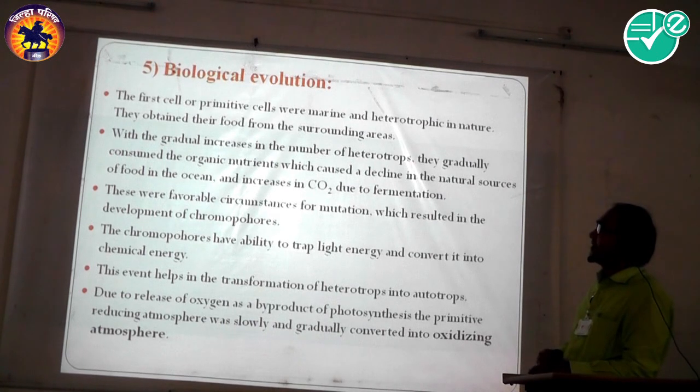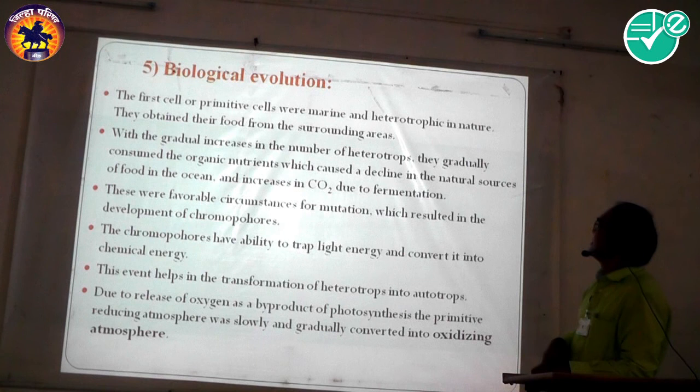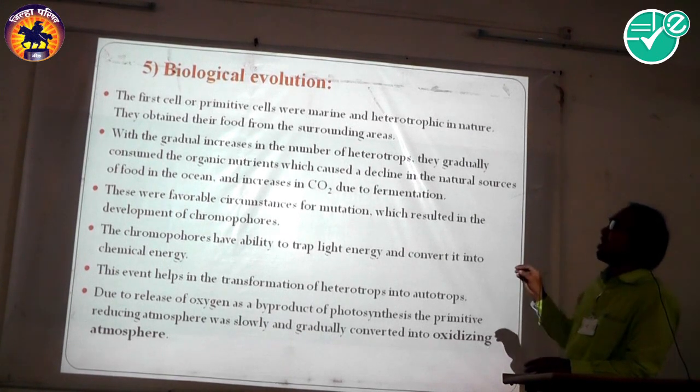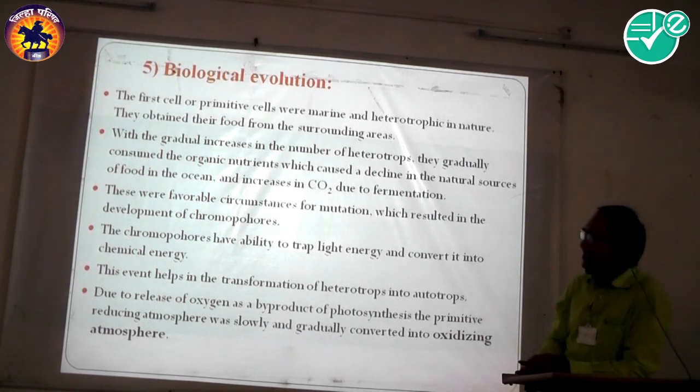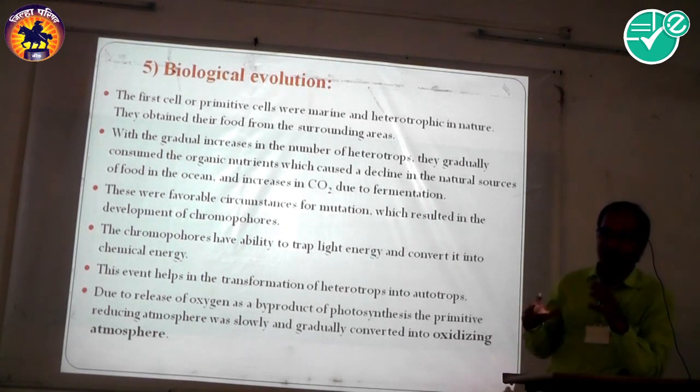With the gradual increase in the number of heterotrophs, they gradually consume the organic nutrients, which causes a decline in the natural sources of food in the ocean and an increase in carbon dioxide due to fermentation.